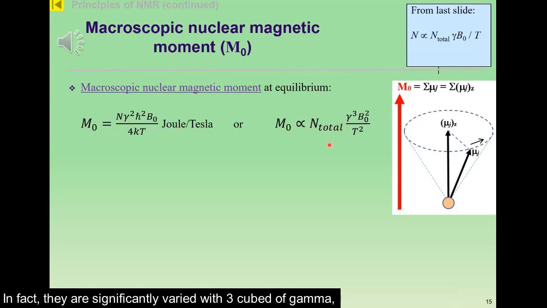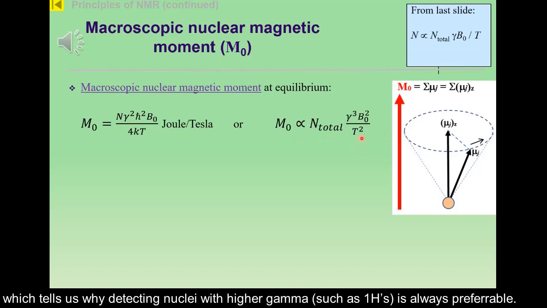In fact, they vary significantly with the cube of gamma, not the square, as can be seen in the formula on the right, which tells us why detecting nuclei with higher gamma, such as 1H, is always preferable.